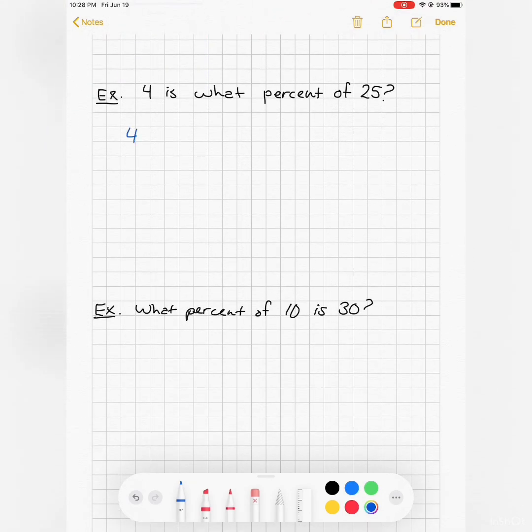Okay. 4 is what? So what is a mystery, right? So x, a variable, percent. So that means part out of 100. Okay, of times 25. One more time through that one.